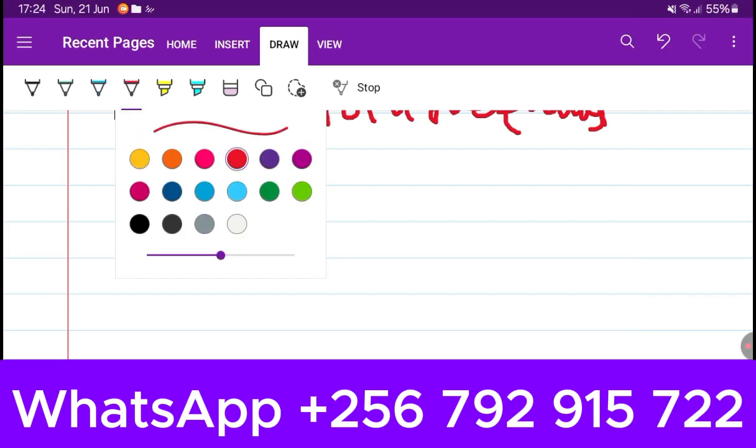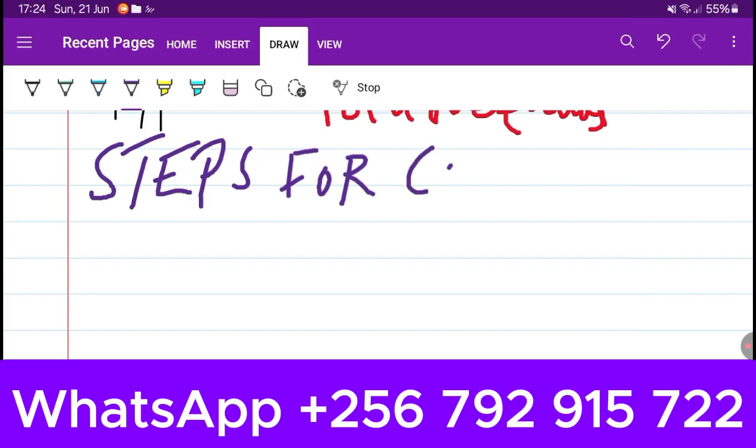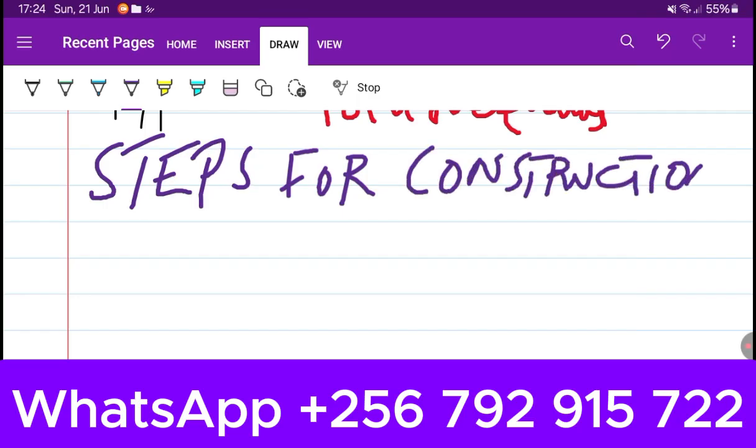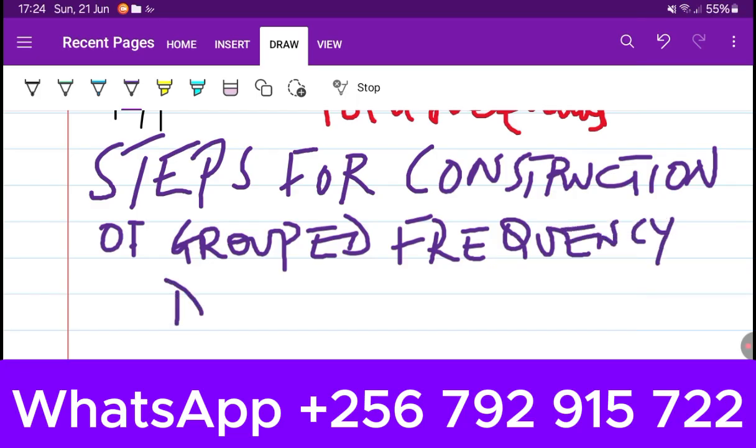So let's write the steps or procedures for construction of grouped frequency distributions.